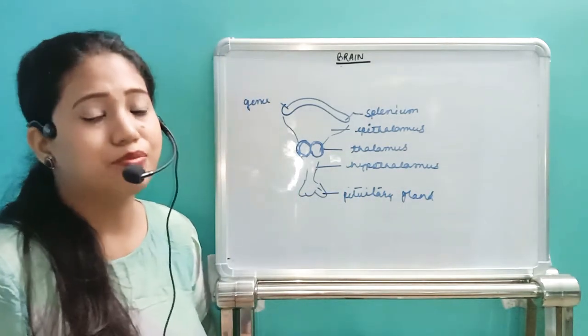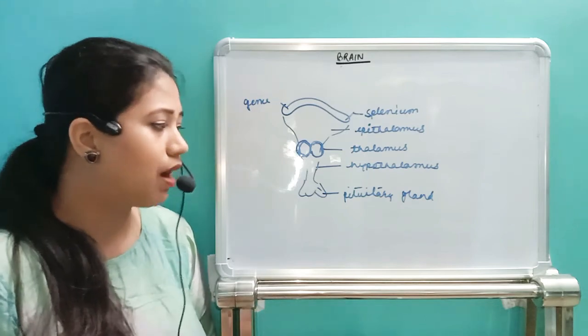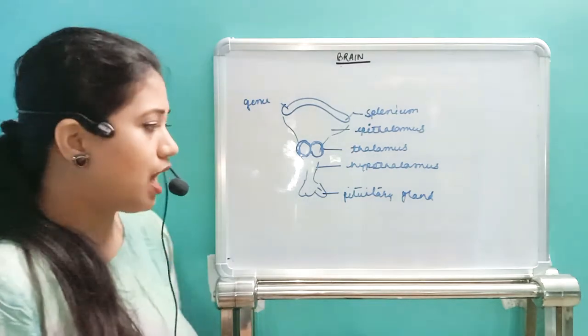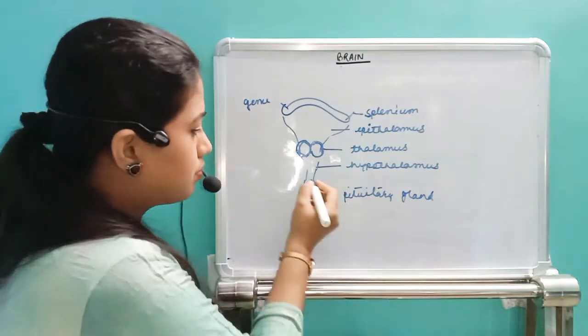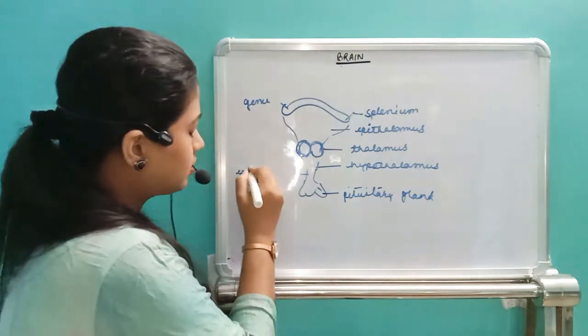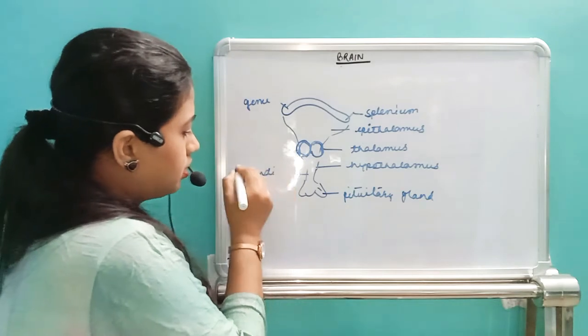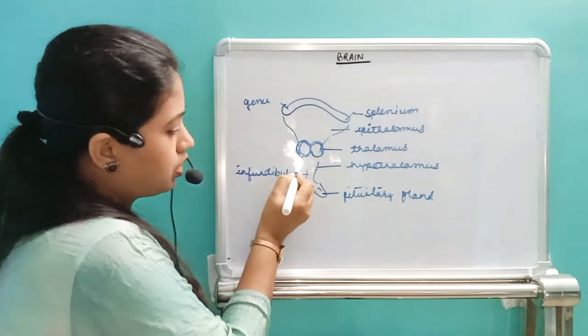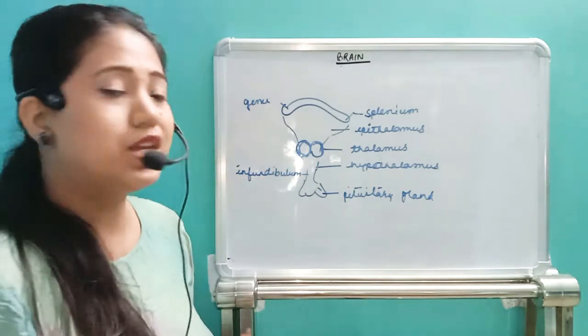This hypothalamus is present just above the pituitary gland and connects with it by means of a stalk, and that stalk is called the infundibulum.